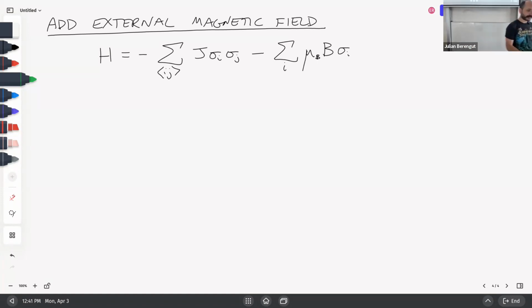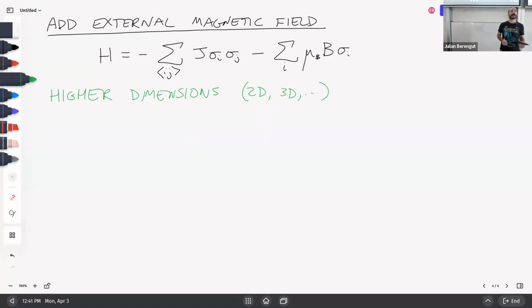So what does pairs look like in higher dimensions? For example, 2D or 3D, 4D, 5D, and so on.